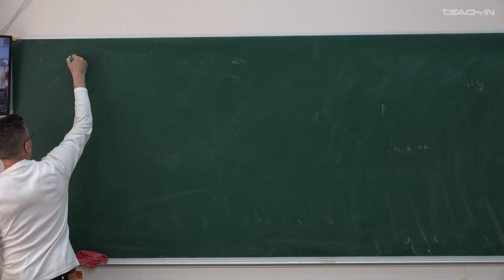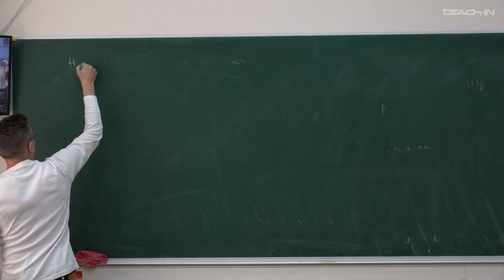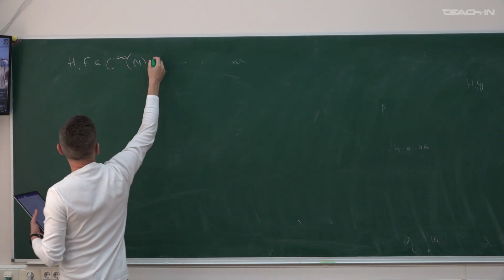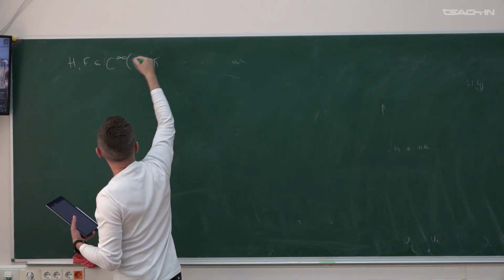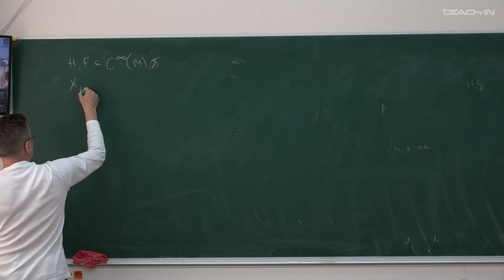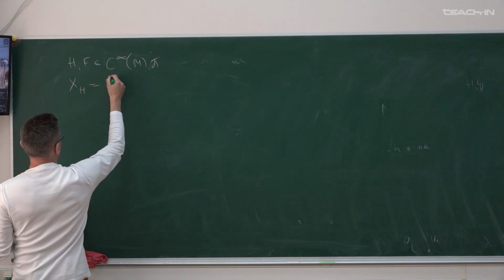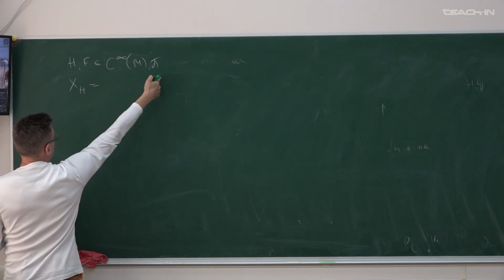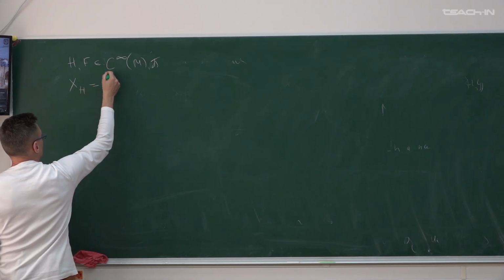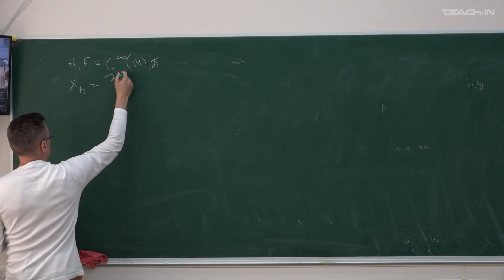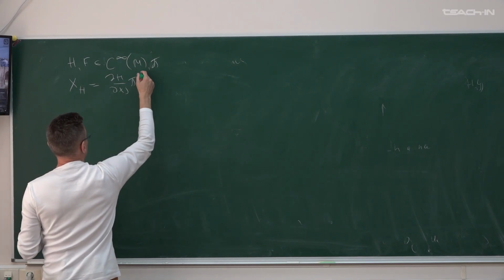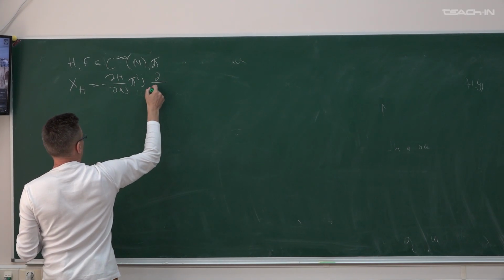So if H and F are functions on our Poisson manifold, and X_H is the vector field corresponding to the function H, so it is dH over dxj, Pij, d over dxi.